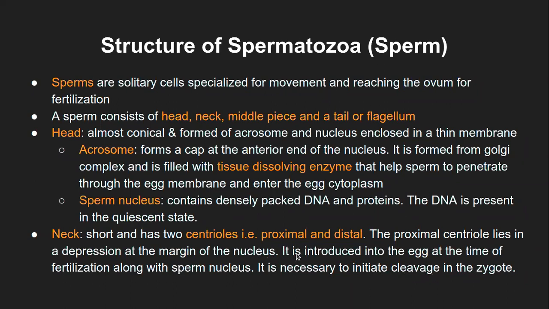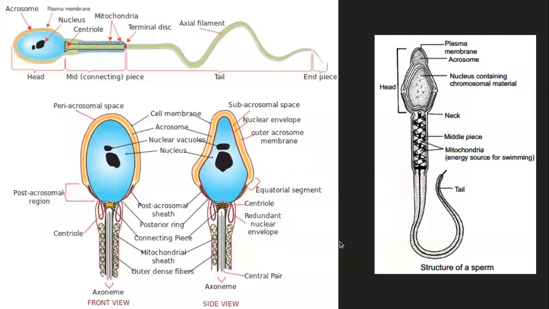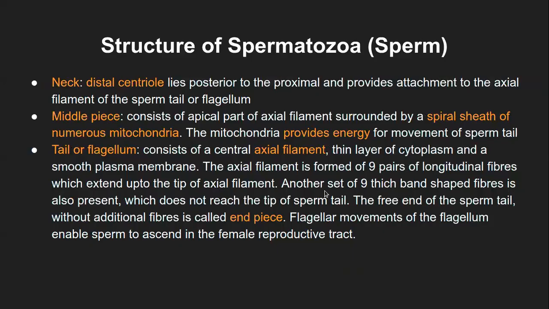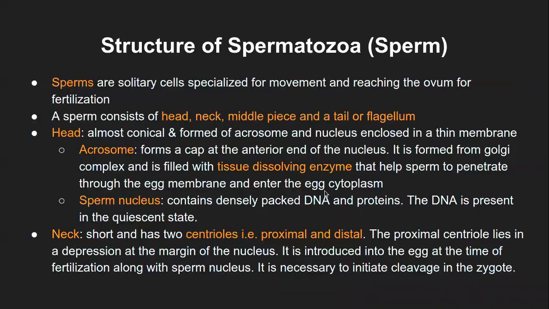One of the centrioles is required, which is present in the neck portion, and the distal one is present across the membrane on the other side, which we will see here itself. I don't know if any diagram shows two different spindle fibers. Not really. I have one more diagram somewhere.